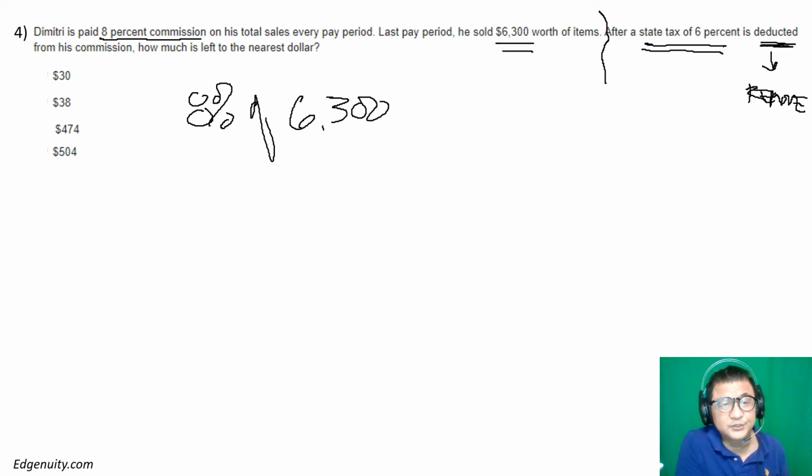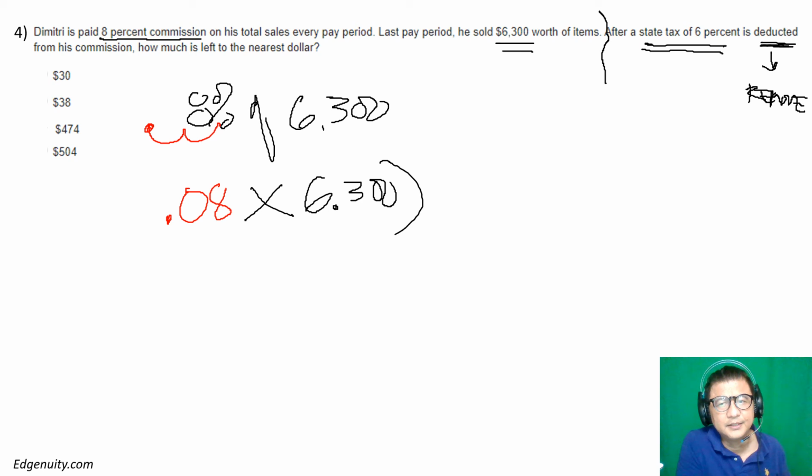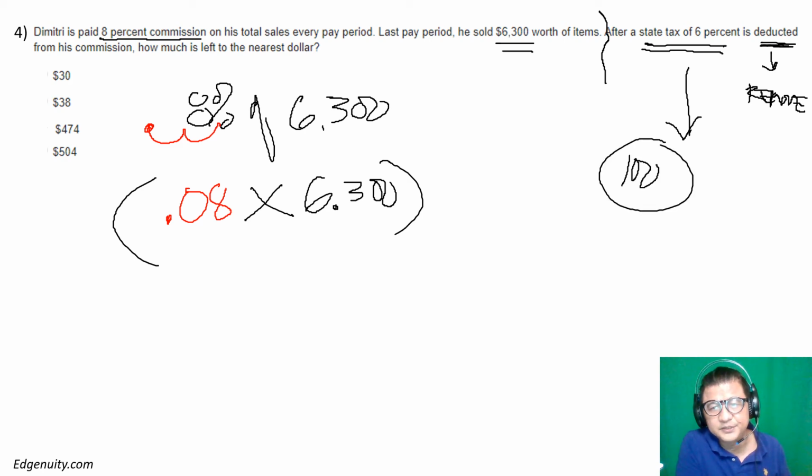So let's use the equation way. To the left, I'm not going to use 8, I'm going to use 0.08 times 6,300. Since 6% is removed, 100% minus the 6%, you will just bring home 94%.